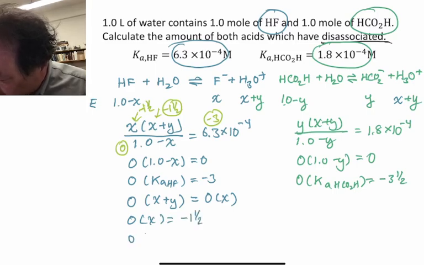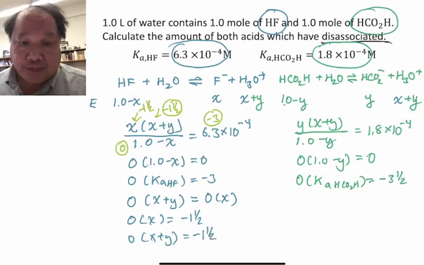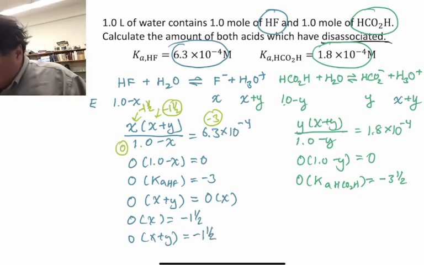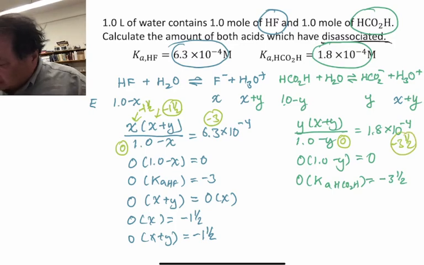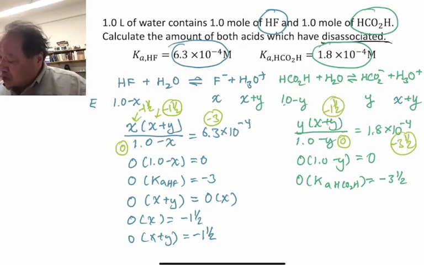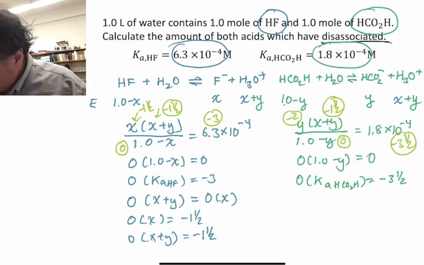And the order of magnitude of x plus y is -1.5. We can now put that over here in the other expression. You have order of magnitude 0 in the denominator here, -3.5 here. X plus y is order of magnitude -1.5. And that makes y's order of magnitude -2, since -2 plus -1.5 is -3.5.